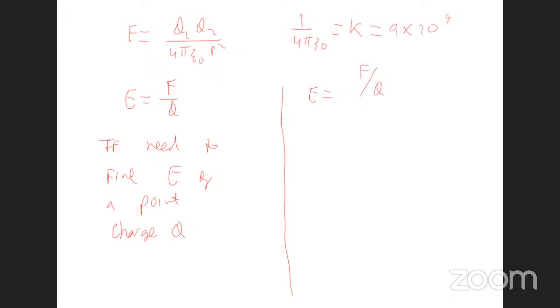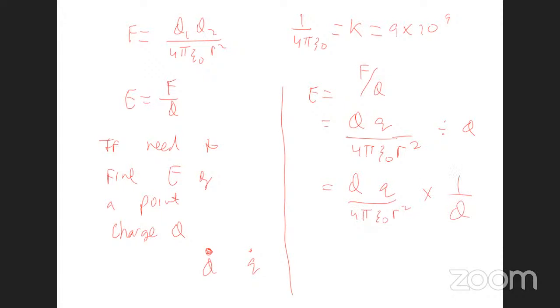F is Q1, Q2 all over 4 pi epsilon r squared. Let's say one of the charges is big Q and one is small q, and you divide that by q. What will happen here? The q will cancel.